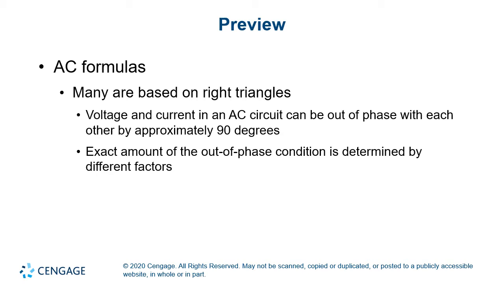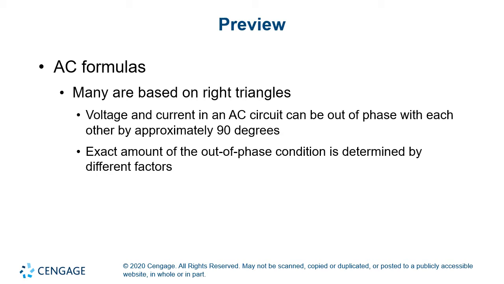So in terms of our AC or alternating current formulas, it turns out that many of these are going to be based on right triangles and right triangle relationships. This is due to the fact that the current and voltage are out of phase with each other, normally by just about 90 degrees.